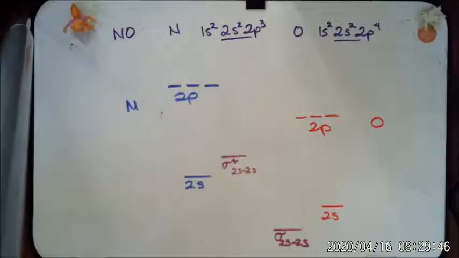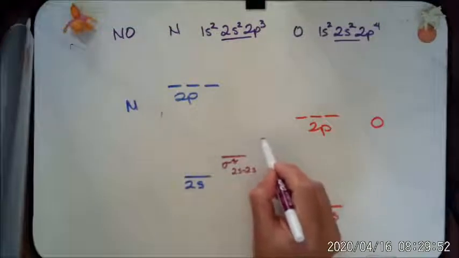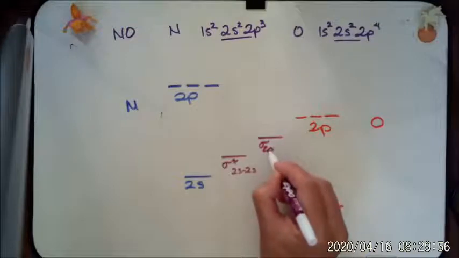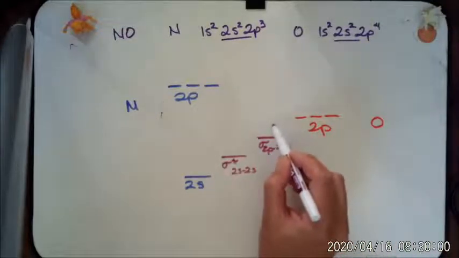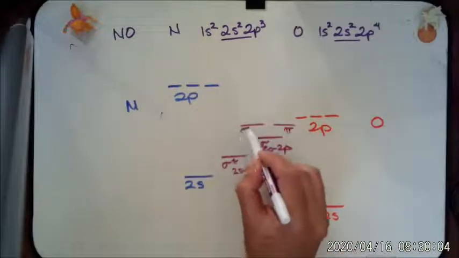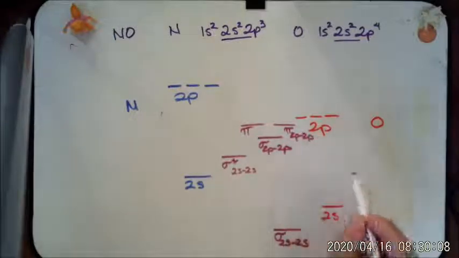Okay, so because of the weak interactions that we said existed, the first thing you're going to get is your sigma 2p, 2p. That's still higher energy. And then your pi 2p, 2p. So both of these are 2p, 2p.